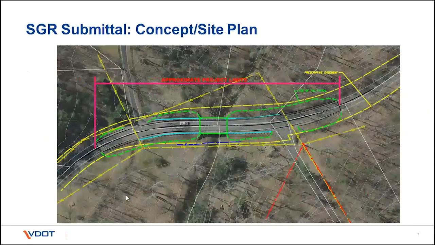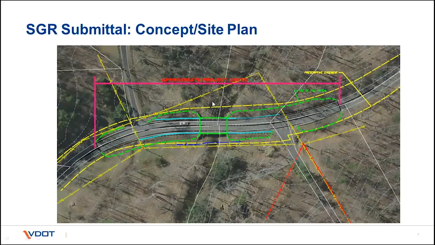This is just a blow-up of the image in the previous one. Again, a very small amount of line work focusing on the limits of the project, the layout of where the bridge will be situated, perhaps some toe of slope lines to see if there's any impacts on right-of-way.